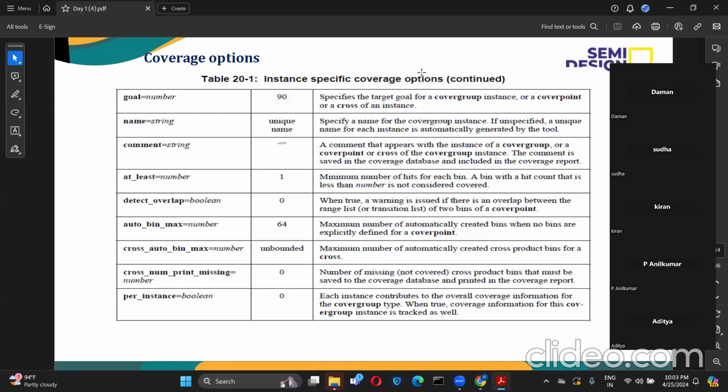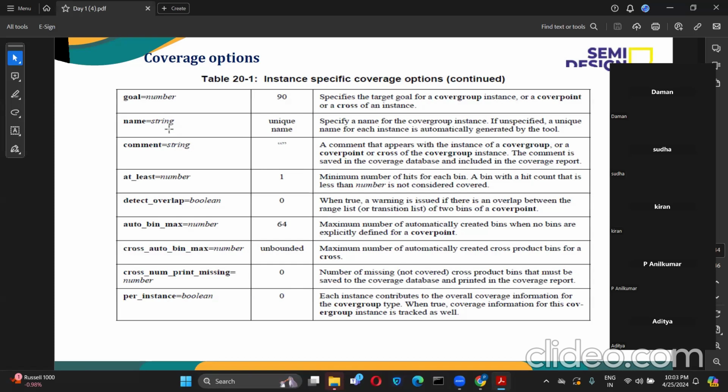For example, you can set the goal, like option.goal for the covergroup. Usually the goal has to be set to 100%. At any instance you can decrease it, but usually it is recommended to put 100% itself.